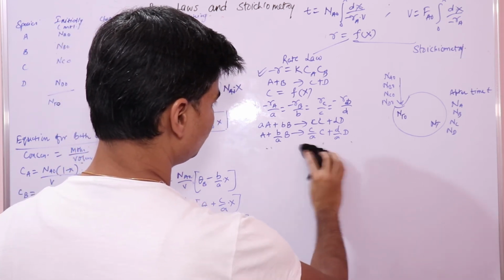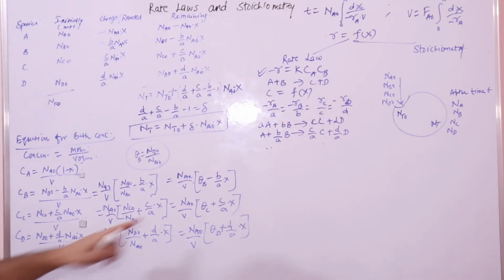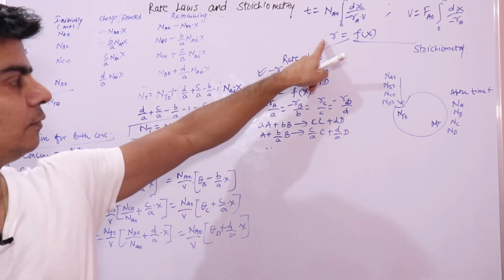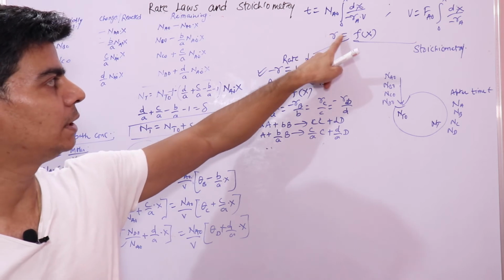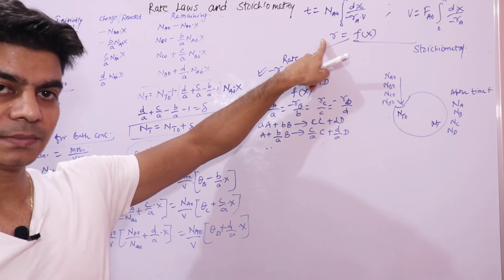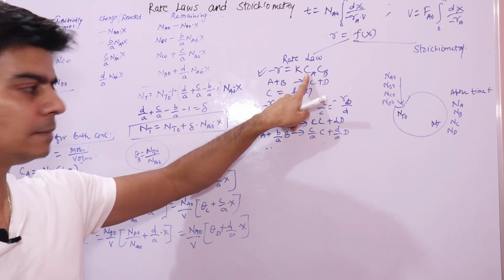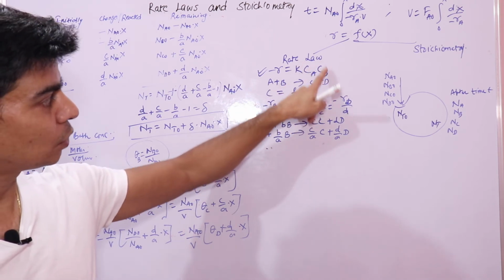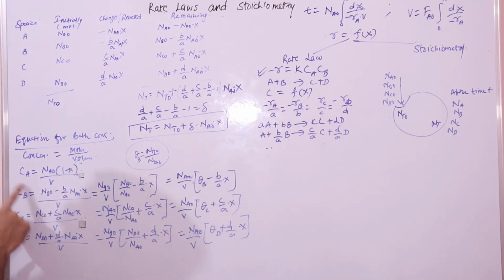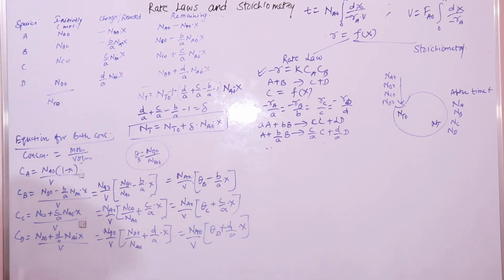In order to make sure you understand, we have to express concentration in terms of conversion. The main aim is to write down the rate of reaction in terms of conversion x. As per the rate law, we can express the rate of reaction in terms of concentration, so we have to express concentration now in terms of conversion x. You can see this is concentration, and we now have the term x, conversion, here.